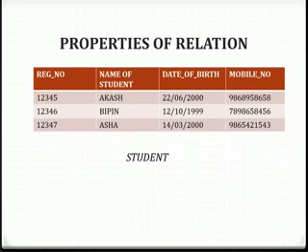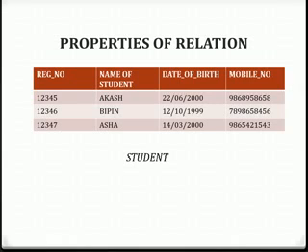What are the basic properties? So let us discuss the properties in detail. You can see here there is a relation. The name of the relation is student. Let us revise the number of attributes here.